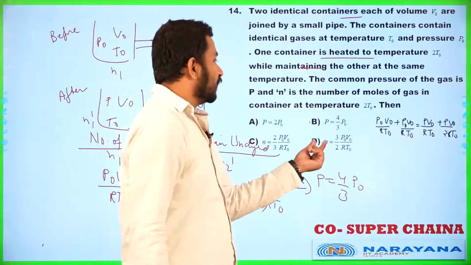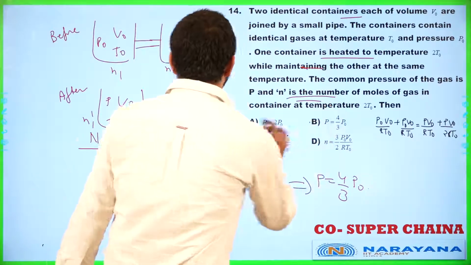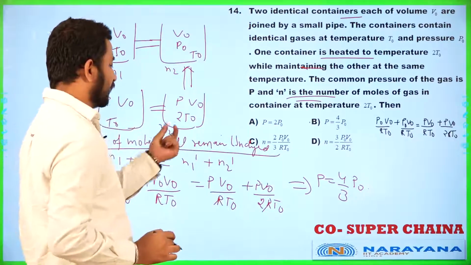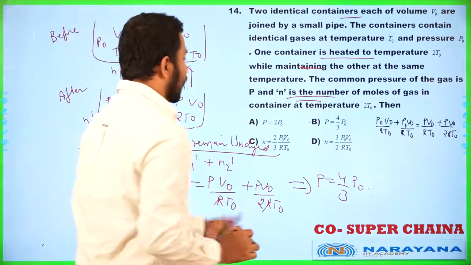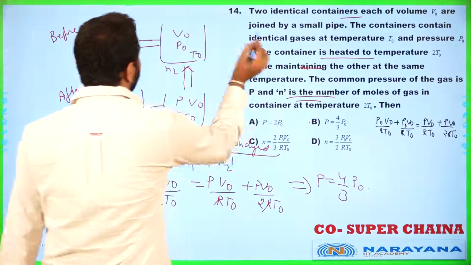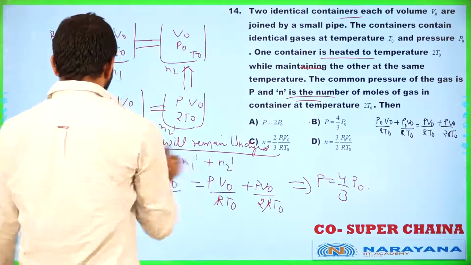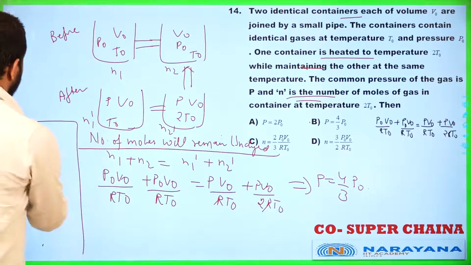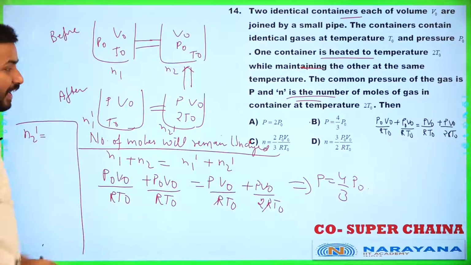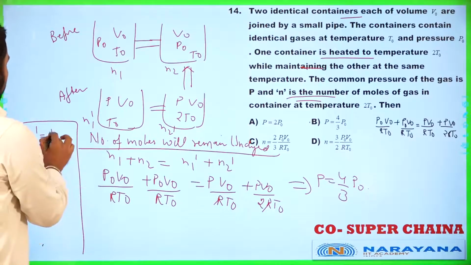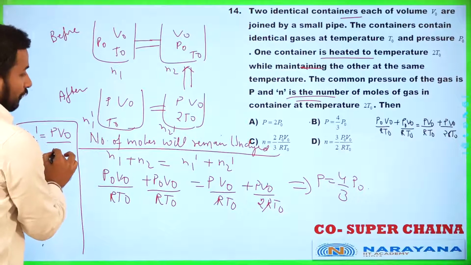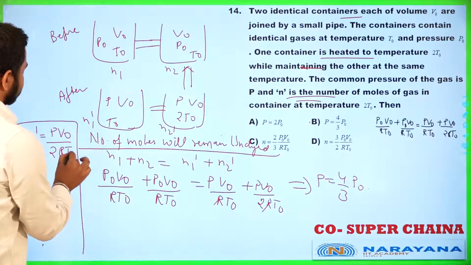Next, you have to calculate the number of moles in the other container. So N2 dash can be written as PV0 by 2RT0.